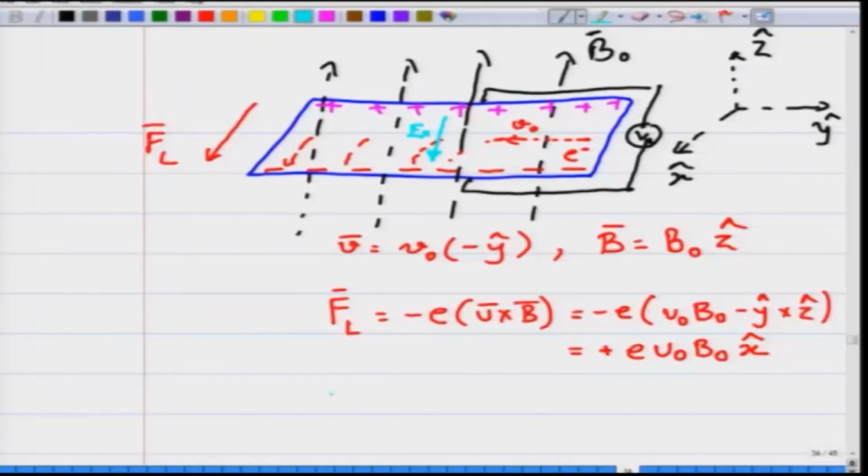So, we would like to calculate how much is this electric field which is generated inside the metal, and how does it depend on the strength of the magnetic field. How do we go about calculating this electric field?